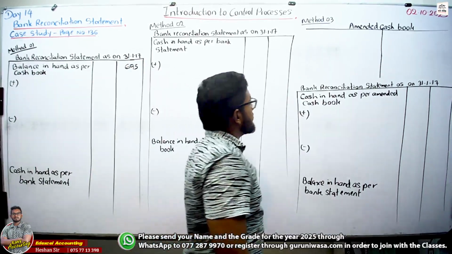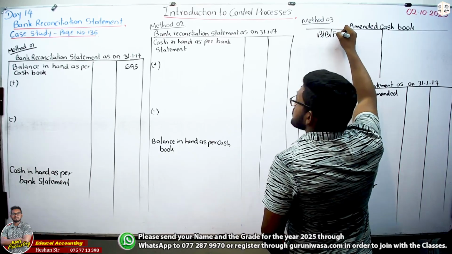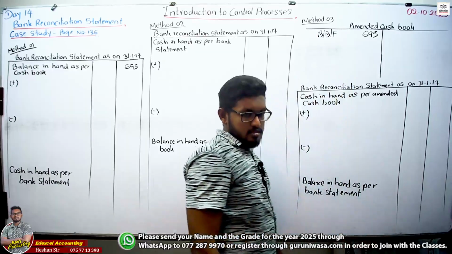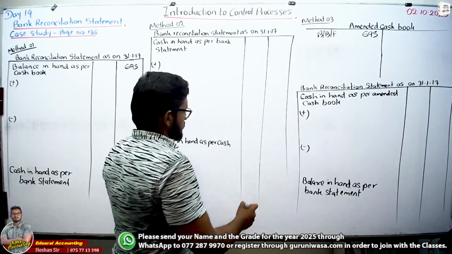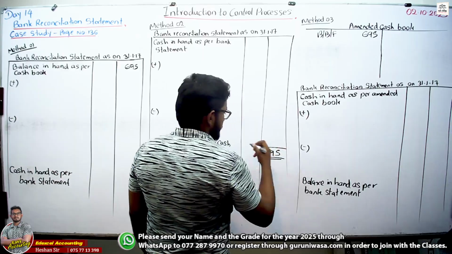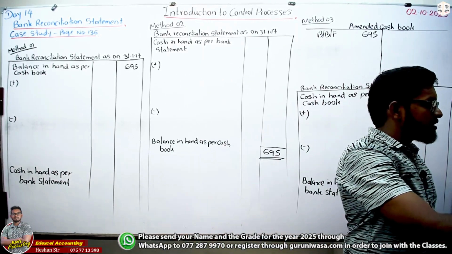In here also on the debit side, balance brought forward 690. Clear to you guys? Understand? In here your final answer should be 695, right? So all the reasons are correct.